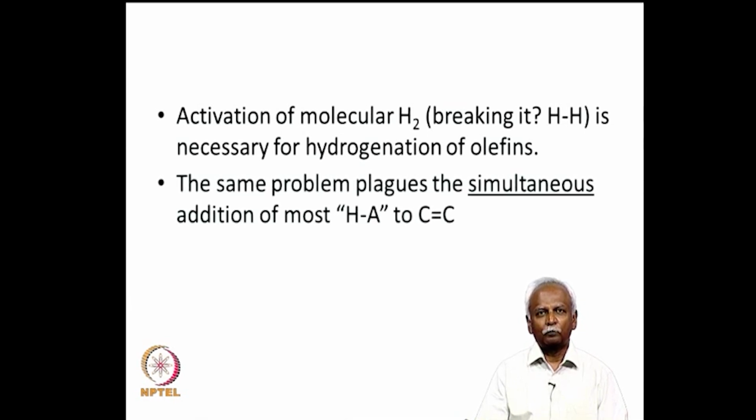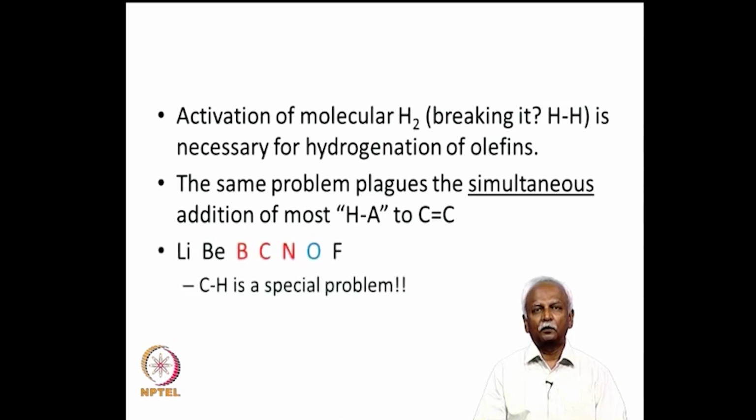The same problem in fact plagues the simultaneous addition of most species like HA to the carbon-carbon double bond. So, if you want to add a species HA to the double bond, you need a catalyst, especially when the second atom is not very different in electronegativity from hydrogen.